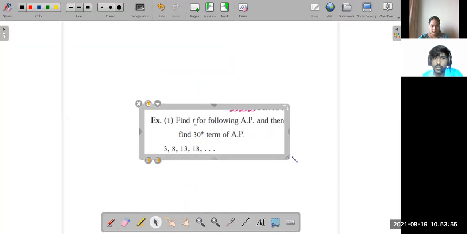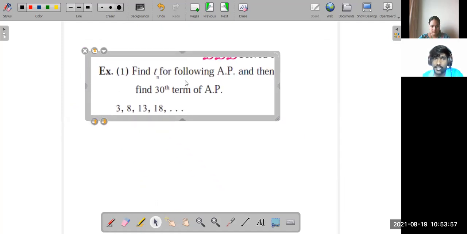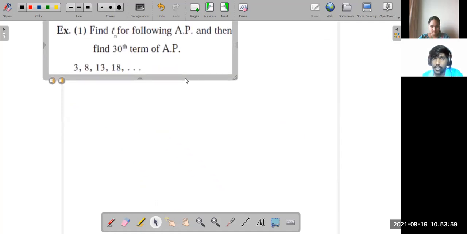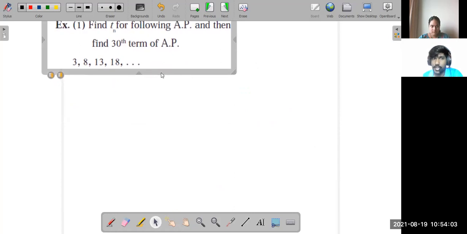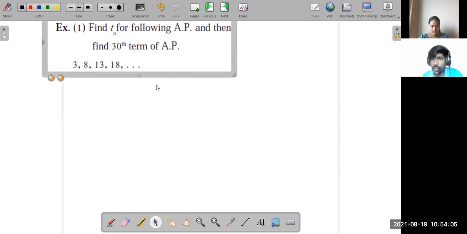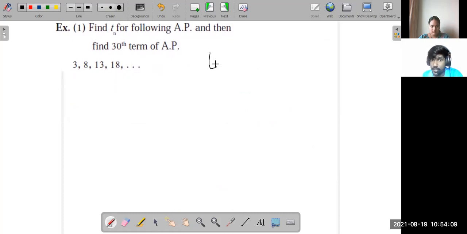If you see in this sum, find Tn for the following AP and then find the 30th term. Okay, so an AP is given to you. You have to find out Tn and you have to find the 30th term. 30th term means you have to find out T30. So you have the sequence 3, 8, 13, 18.